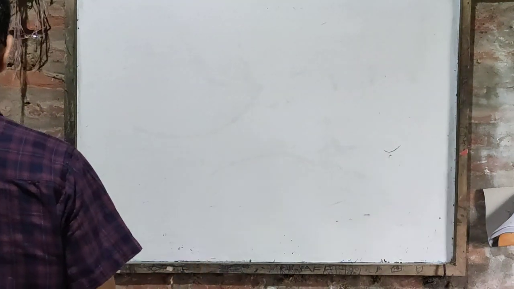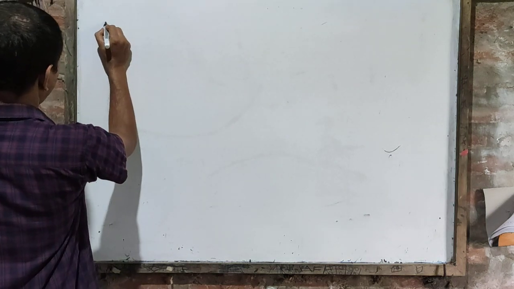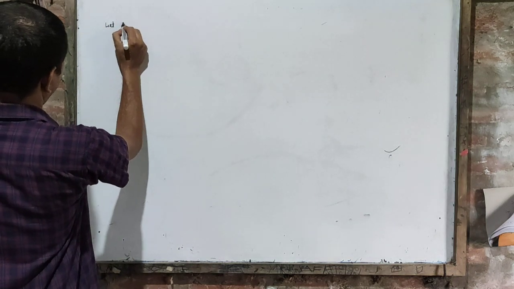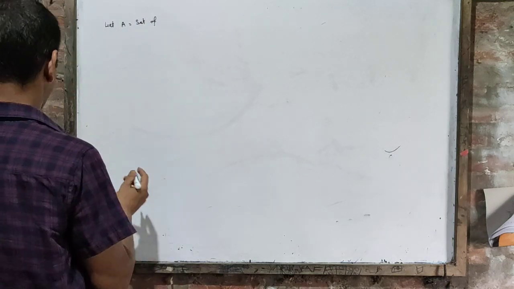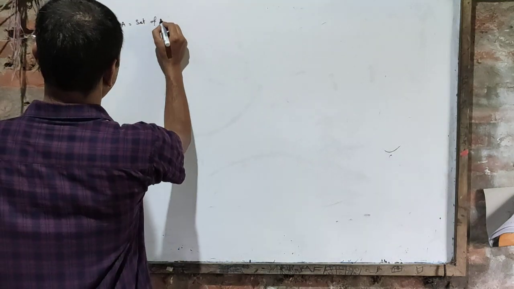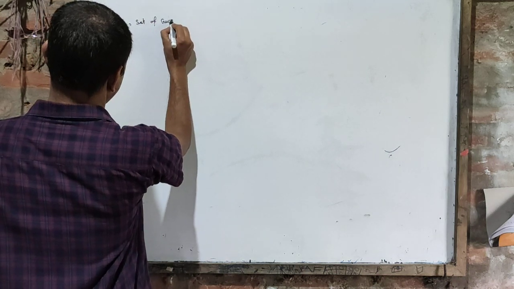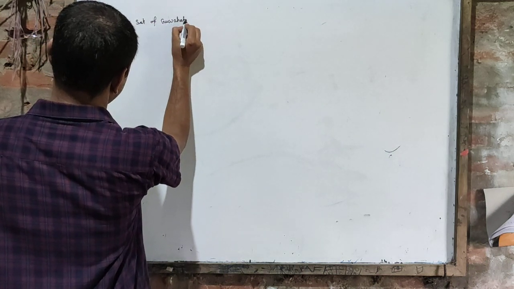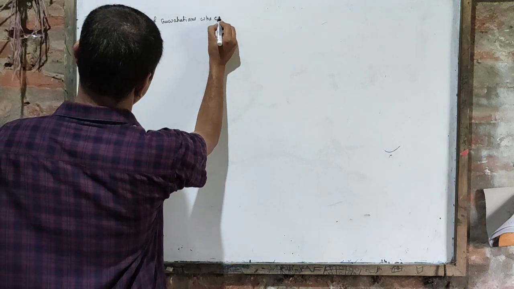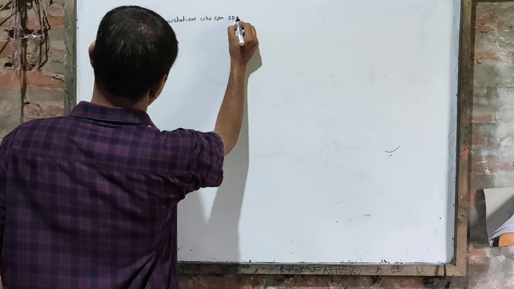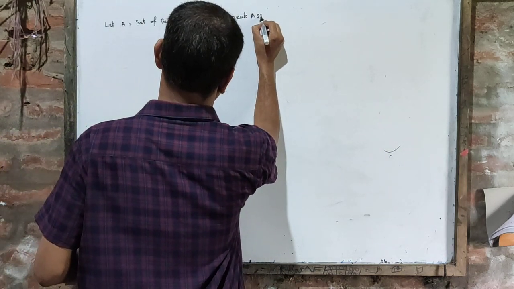So first let us name the sets. Let A be equal to the set of people, or Guwahatians you can write also, set of Guwahatians who can speak, first name the set, Assamese, alright.